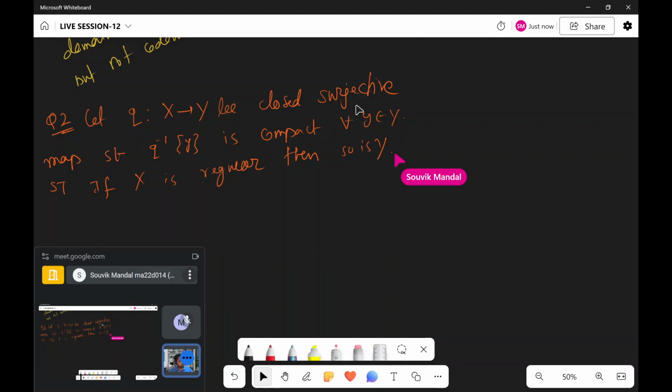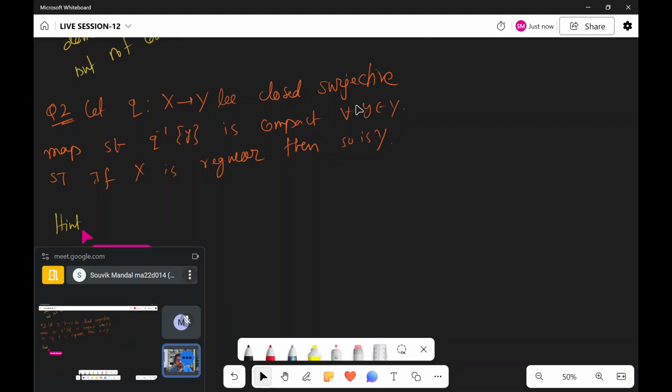First let me explain. q from X to Y is closed, surjective, and q inverse of y is compact for all y. Show that Y is regular. So basically what you need to do is explore the definitions.